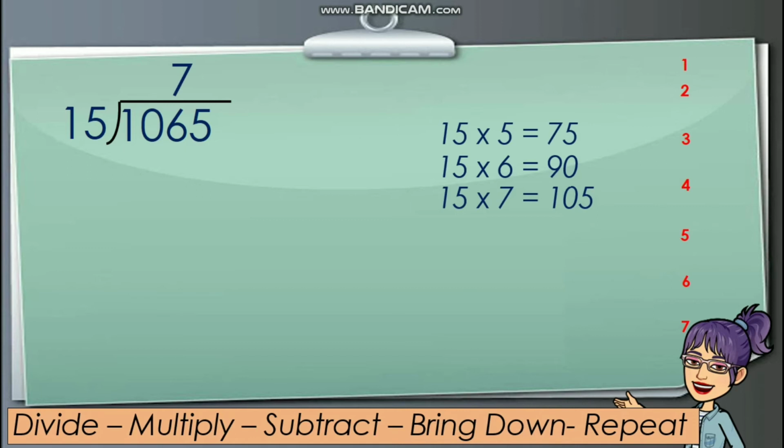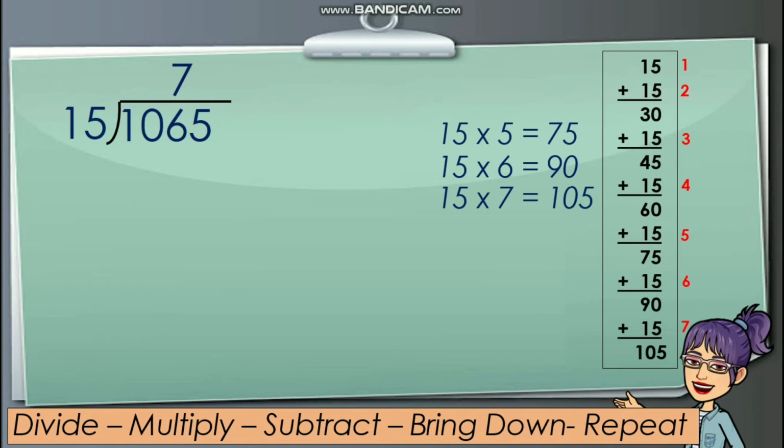After divide, multiply. By the way, class, if you are having a hard time in multiplying numbers, you can use continuous addition. You will add 15 as many as you can until you find the closer number to 106. Here in our example, we have 15 plus 15 is 30, plus 15 is 45, plus 15 is 60, plus 15 is 75, plus 15 is 90, plus 15 is 105.